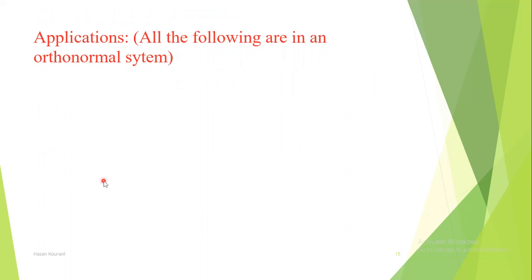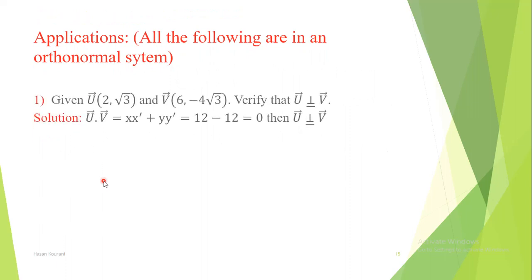Let's see these examples. We are given u of coordinates 2, radical 3 and v of coordinates 6, minus 4 radical 3, and we are asked to verify that u is orthogonal to v. To do this, as you see, we are given coordinates, so it's easier for us to use the analytic definition, which is x times x prime plus y times y prime: 2 times 6, which is 12, and radical 3 multiplied by minus 4 radical 3, which is minus 12.